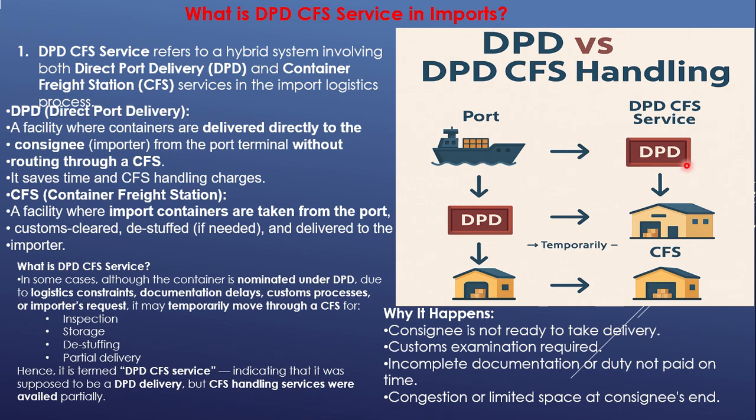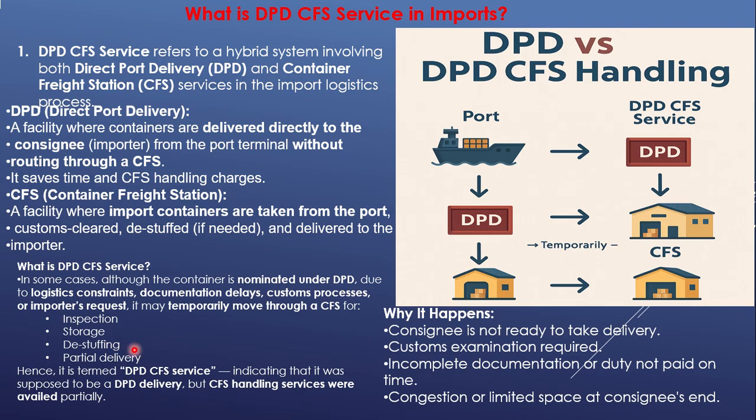If the factory is quite far from the port of discharge, the free time may be less. So what we will do is unload the container at the CFS, hand the container over to the shipping line, and load the goods into another vehicle. So these are DPD CFS facilities.